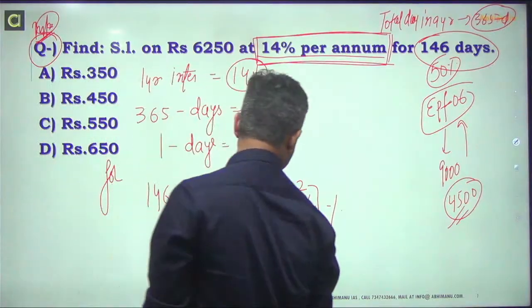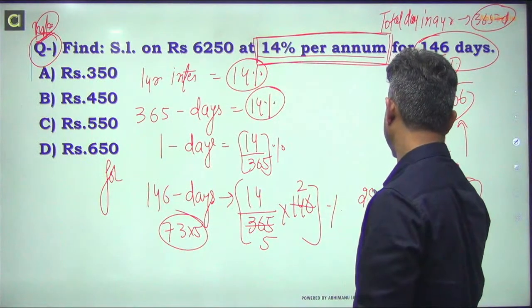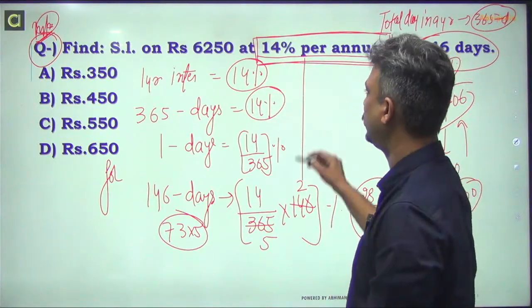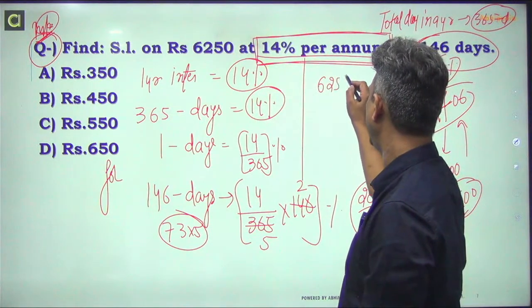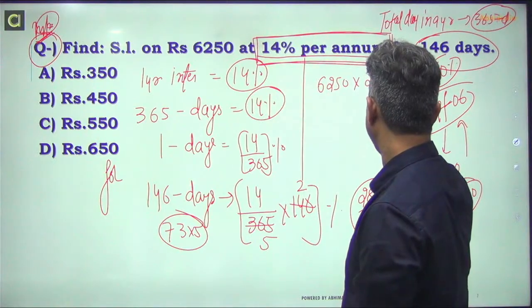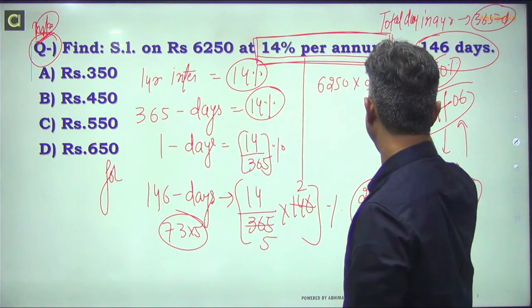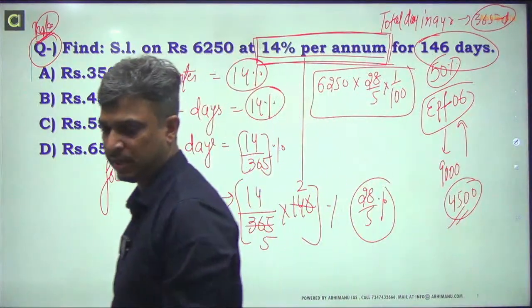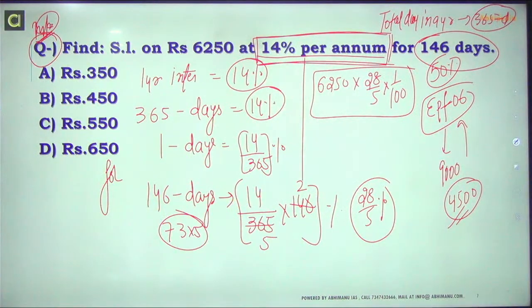So it is 28 by 5%. Now we have to find out the value of 6250 into 28 by 5 into 1 by 100. Kindly solve this, students, and tell me the answer of this question.